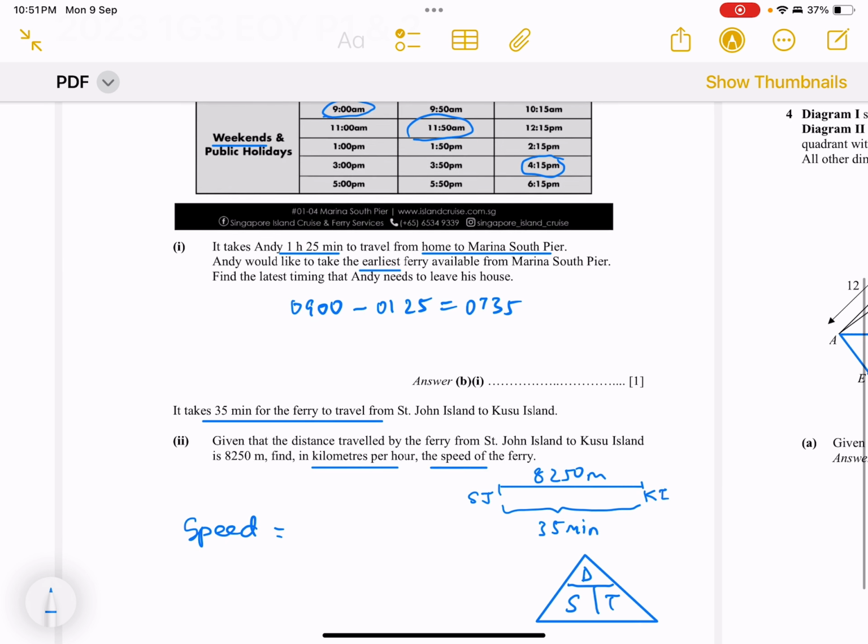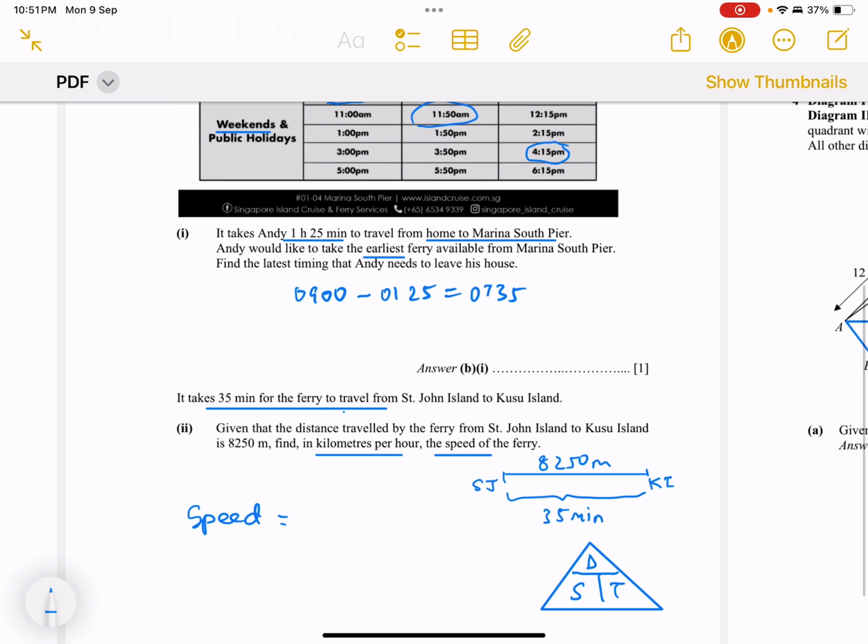And now it takes 35 minutes for the ferry to travel from St. John to Kusu. Okay, so we can draw a diagram, and the distance is 8250. So the diagram, St. John to Kusu Island, 8250, and it's 35 minutes.